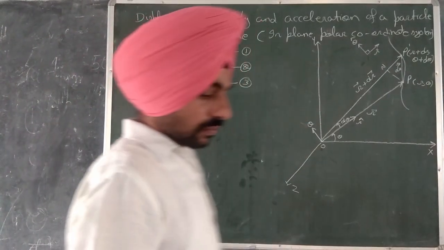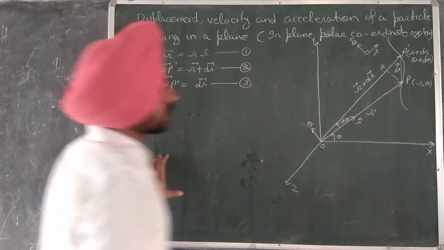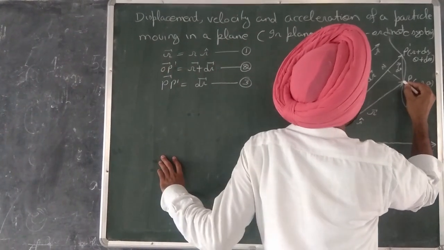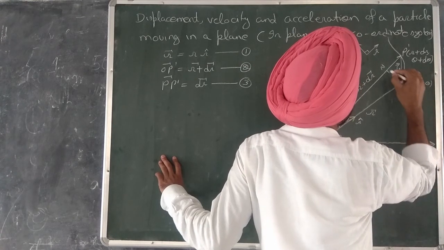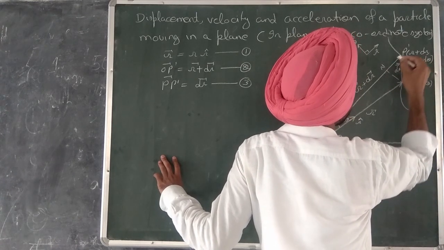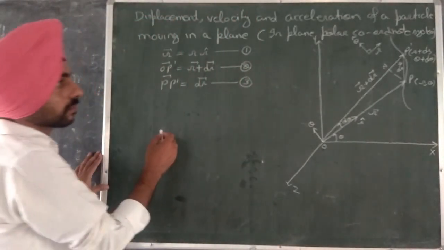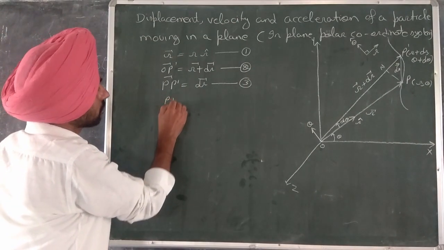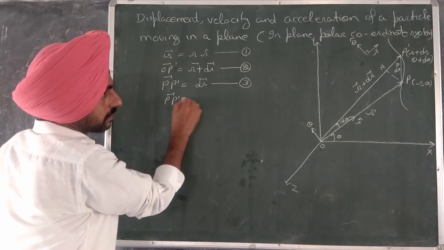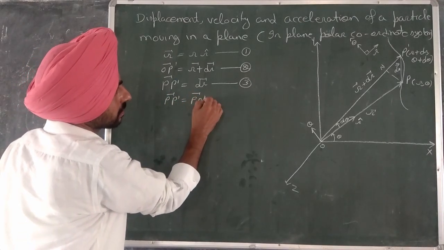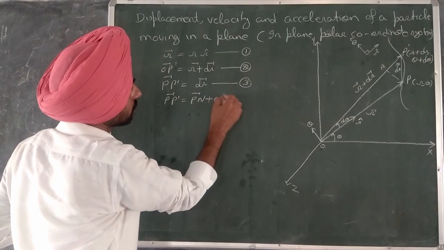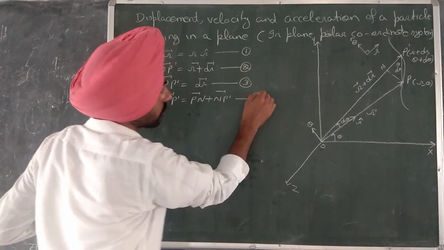Okay. So from the triangle law of vector addition, vector PP prime equals PN plus NP prime. This is equation number 4.